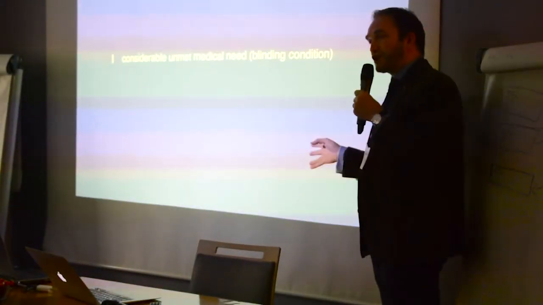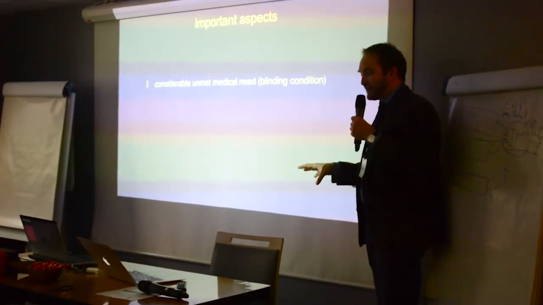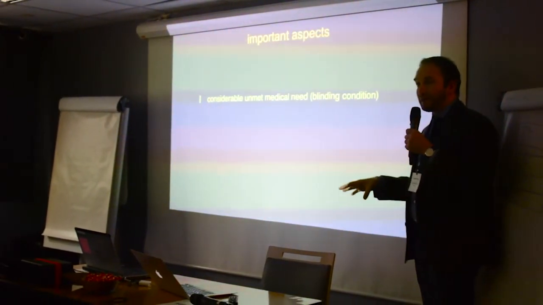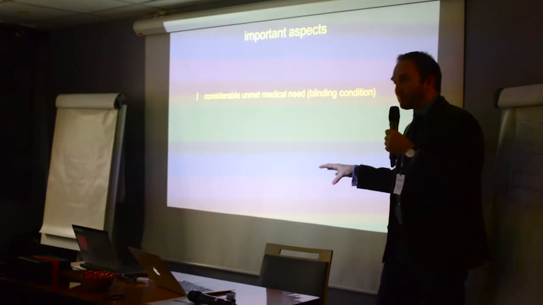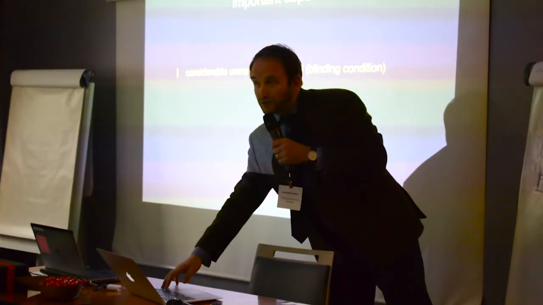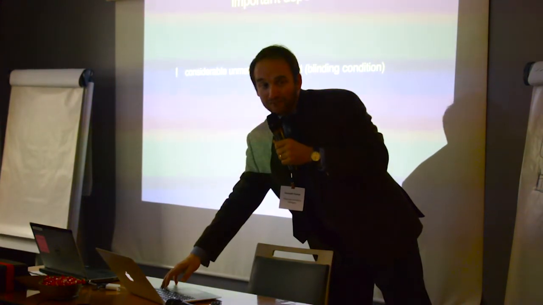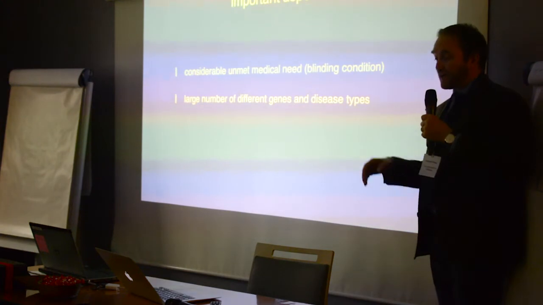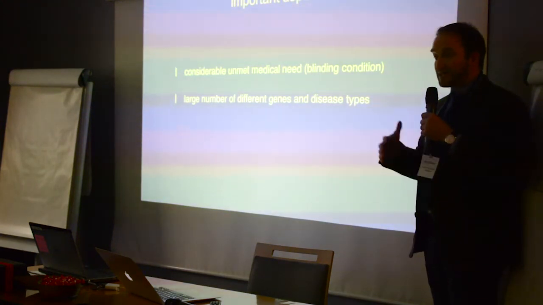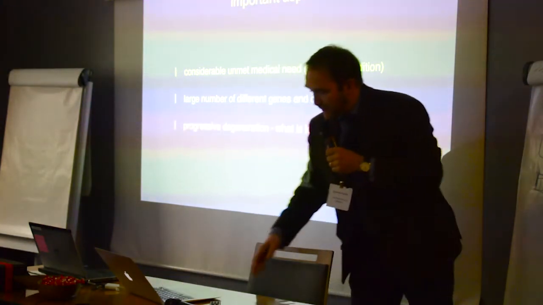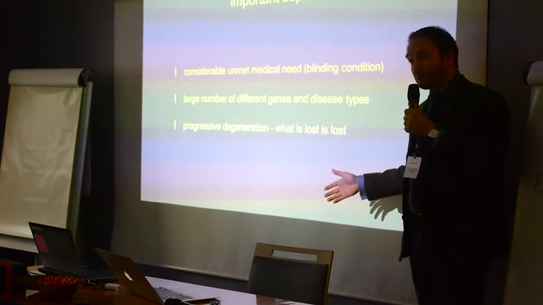Right, so the take-home message from this first part really is that we have a considerable unmet medical need. We have people going blind, and 200,000 people in Europe is quite a bit. We have a large number of different genes and disease types, so keep that in mind. We have a progressive degeneration.